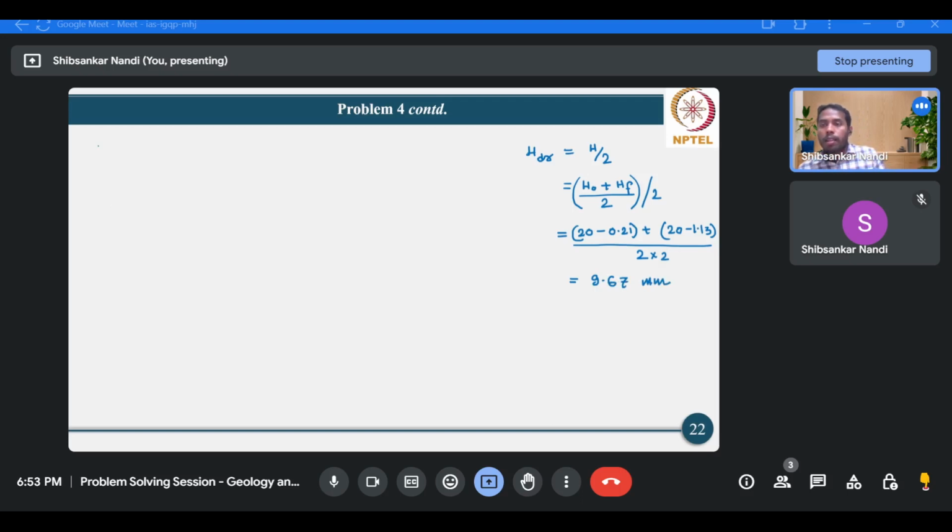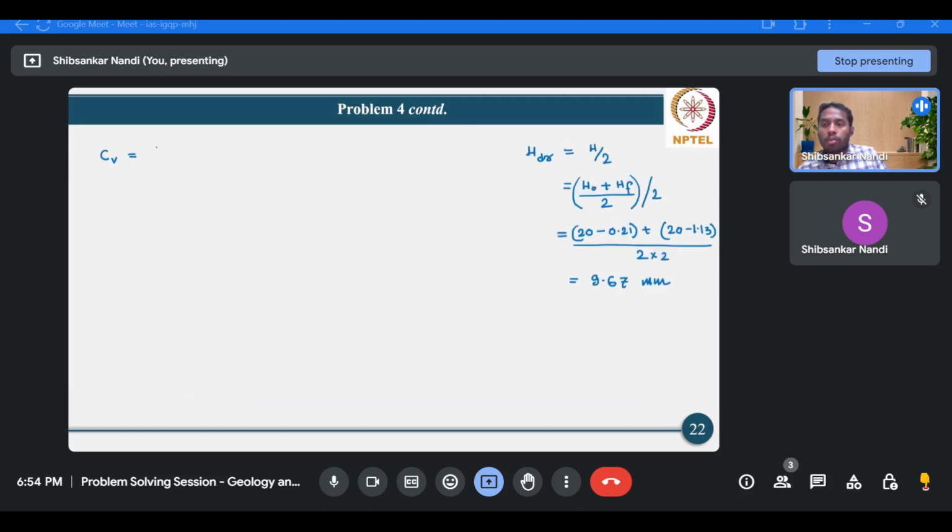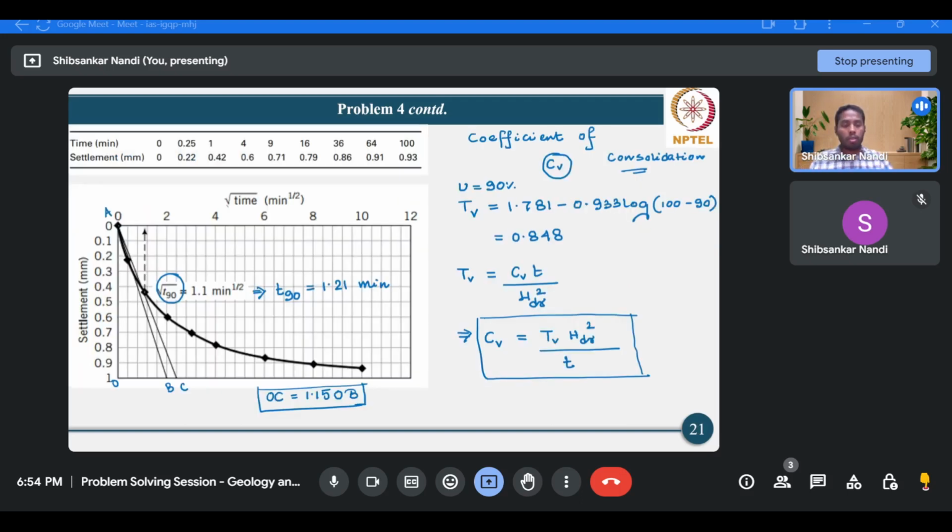If this is the case, then we can easily calculate the value of Cv. Tv is your 0.848, t is your 1.21, and Hdr is 9.67. Oh, sorry, I made a mistake here.